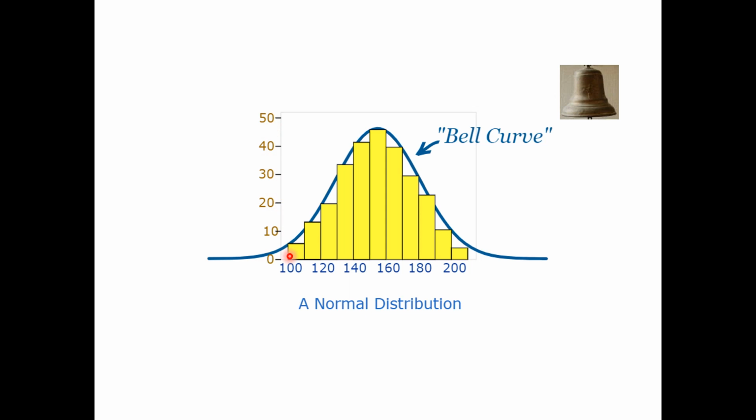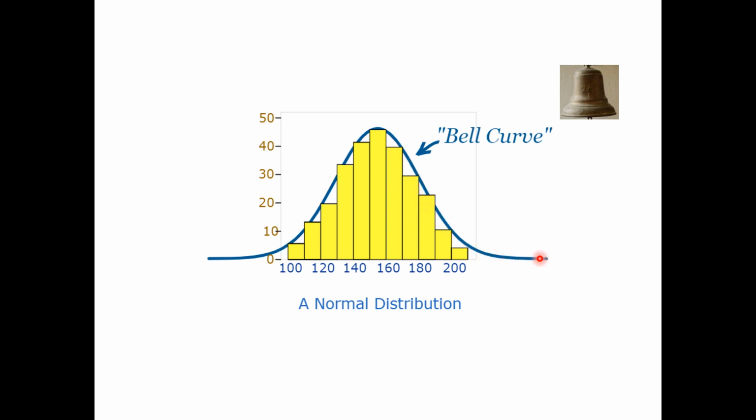That means between 100 and 110, you found 5 things. The count is 5. Similarly, between 111 and 120, you found around 13. So these are the counts, and when you plot the counts or the frequencies, you get something which you call a histogram. And when you draw this curve, you call it a normal distribution curve.